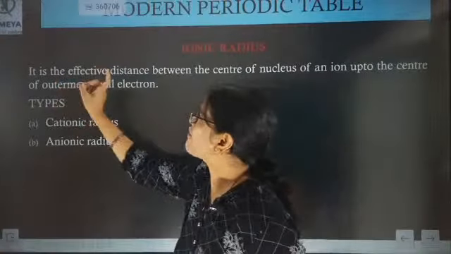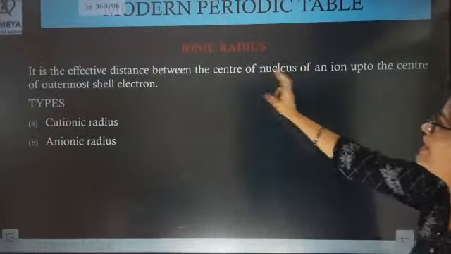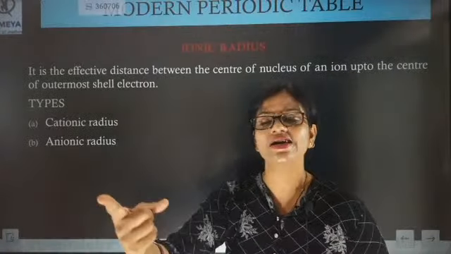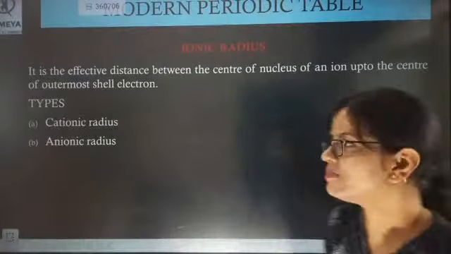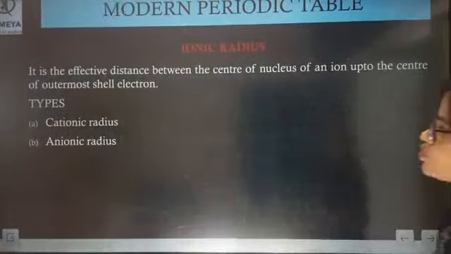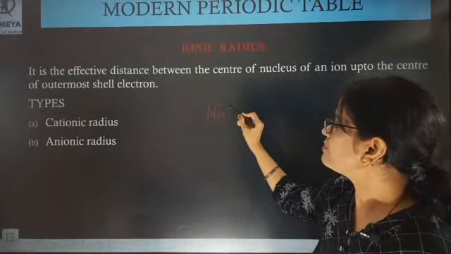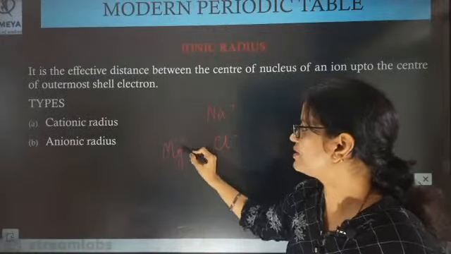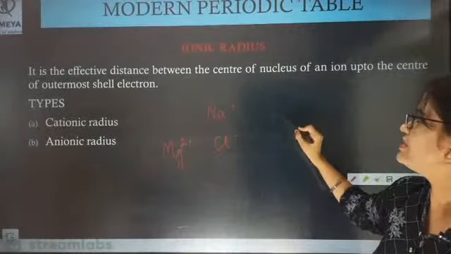Ionic radius is the effective distance between the center of the nucleus of an ion, not an atom. Ion means sodium ion, chlorine ion, magnesium ion, lithium ion.